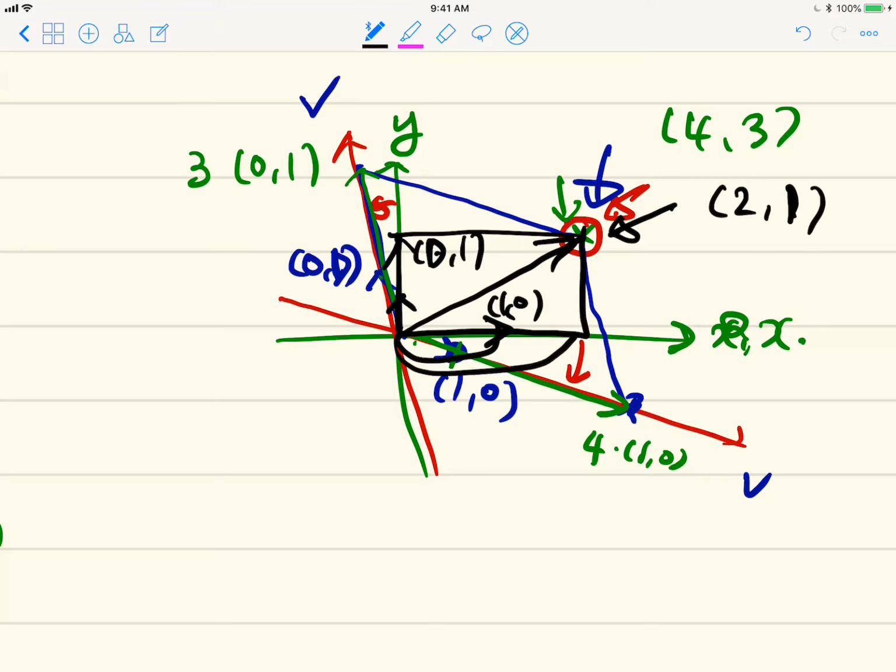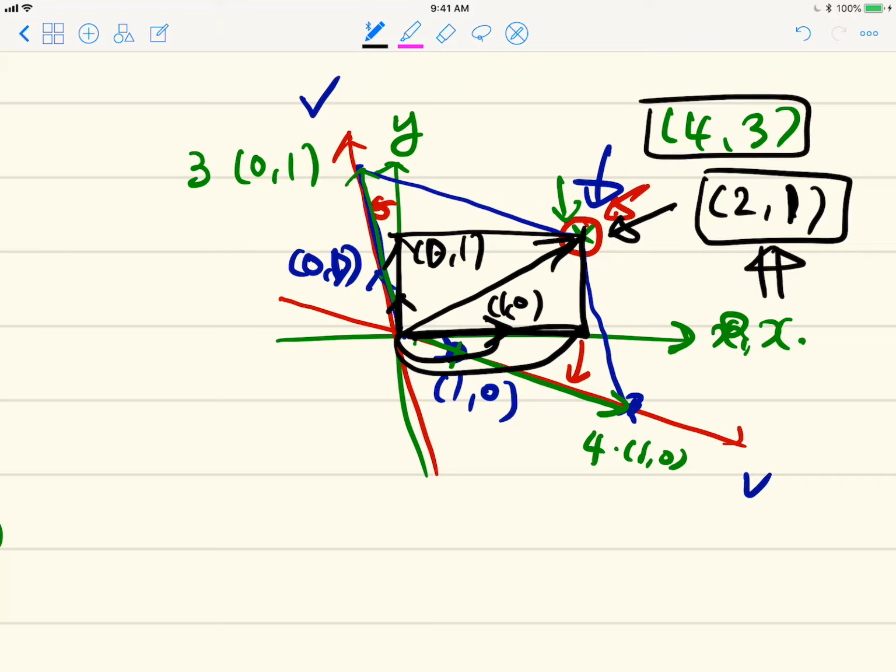Because 2 times this vector is the horizontal line segment. And so using the old axes, this was the point, and this is the new coordinates by using the newly assigned axes.